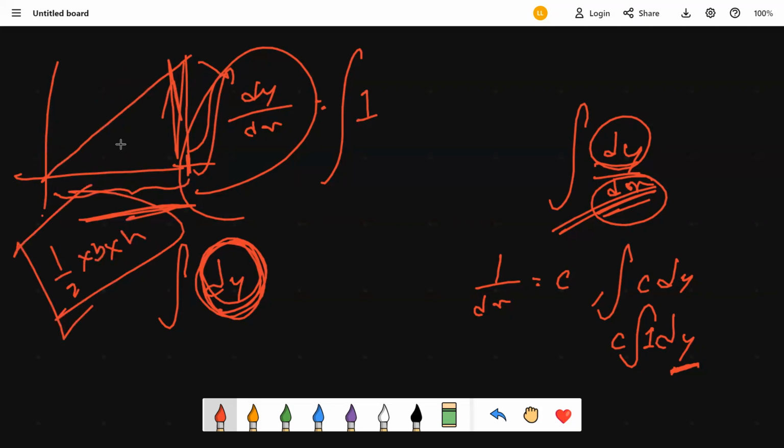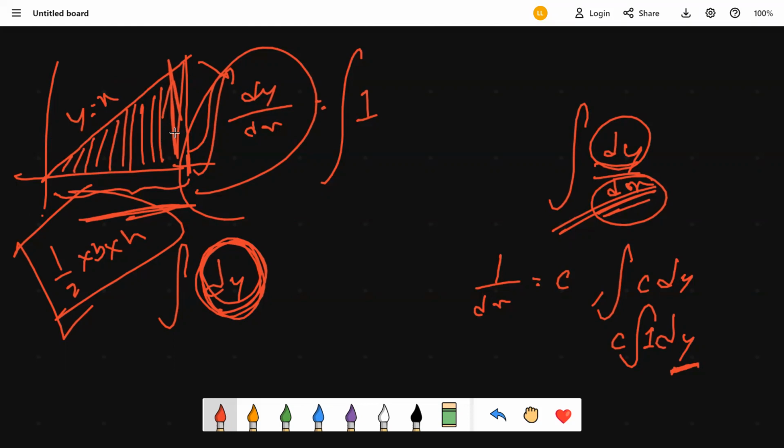Now, if we have, let's say, some equation here, y equals x, okay. Integrating this should give us also this area under the straight line, okay? Under the straight line, that should also be given.